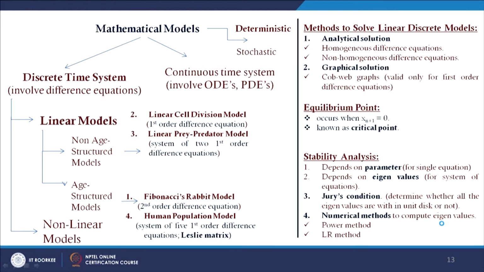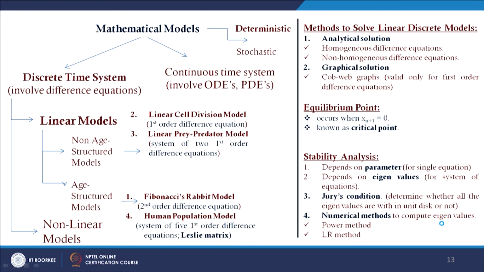In the last lecture we discussed age structured models, in which we considered the Fibonacci rabbit model, a second order difference equation, and then the human population model based on age structured models, which involves 5 first order difference equations represented in the form of Leslie's matrix, and then we go for nonlinear models.